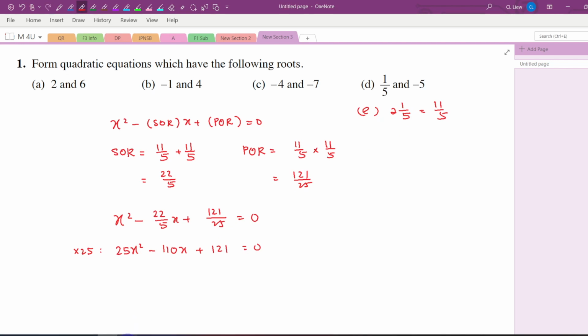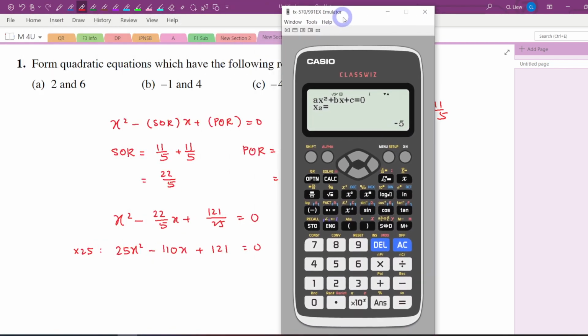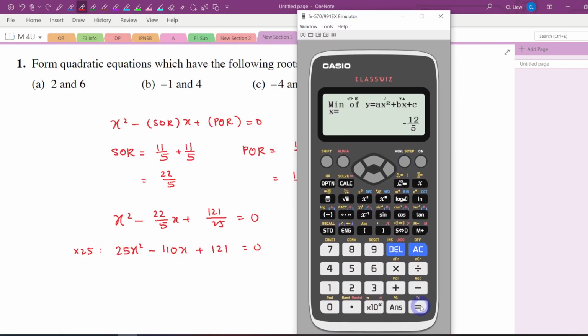Let's check using our calculator. 25, negative 110x. We only need to key in the coefficient, we don't have to key in the x. And this is plus 121.